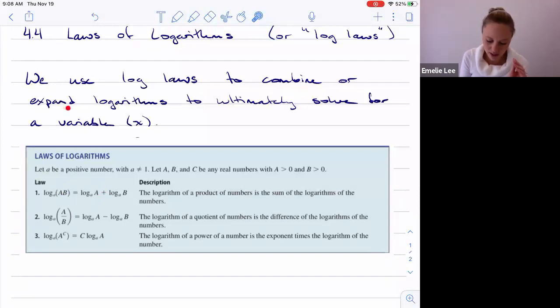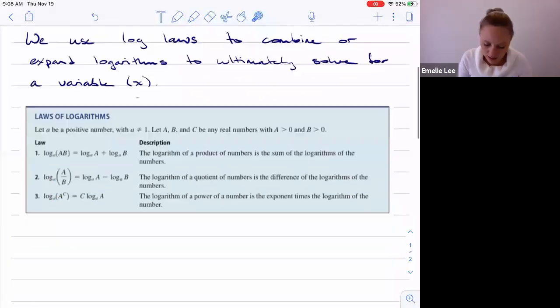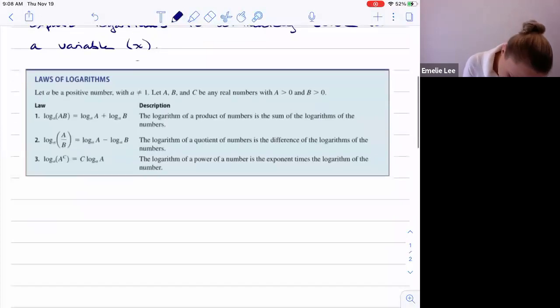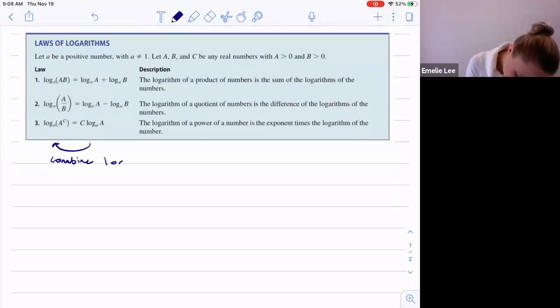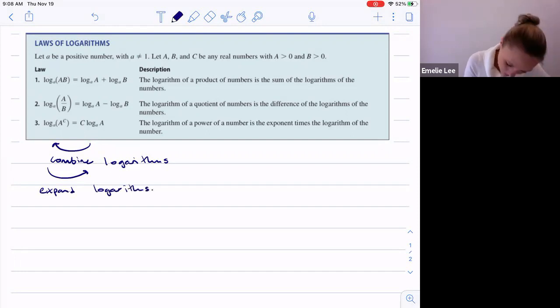And if you want to expand a logarithm, then you're going from the left side to the right side. So if you're going like this, you're combining logarithms. Or if you're moving like this, then you're expanding logarithms.